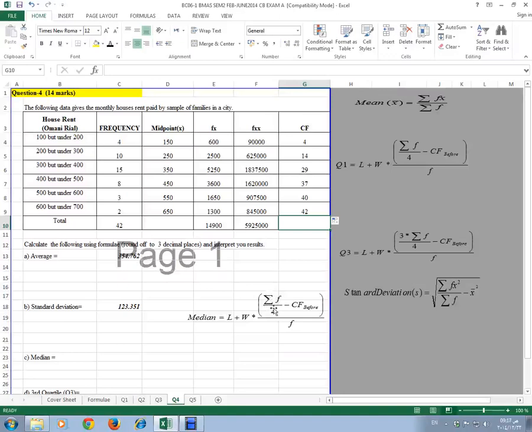The median is the value in the middle position of the data, which means we divide by 2. So this is the median position, and here I'm going to write median position.